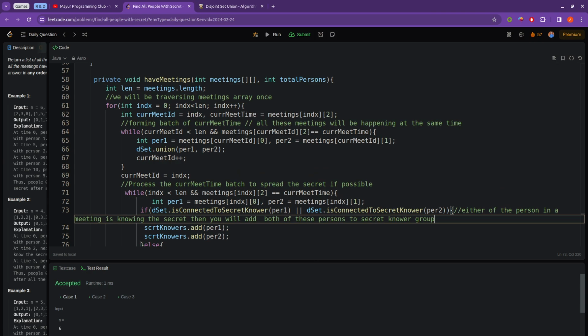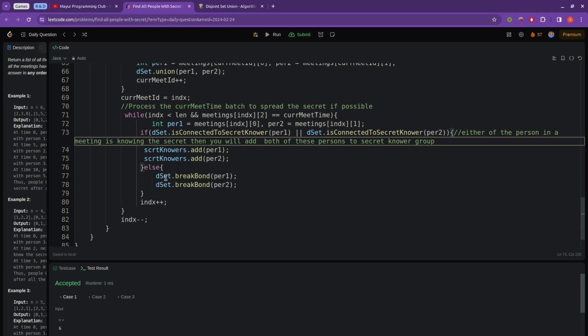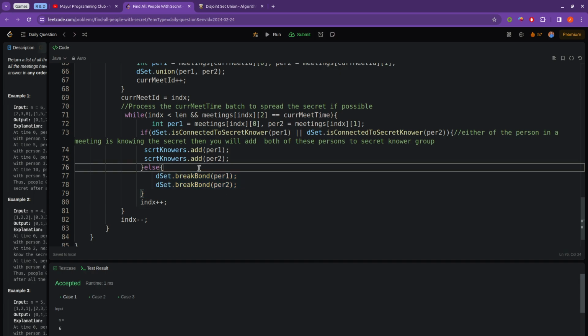So you can say that if both of the persons are not having any knowledge of the secret, then their bond will be broken.